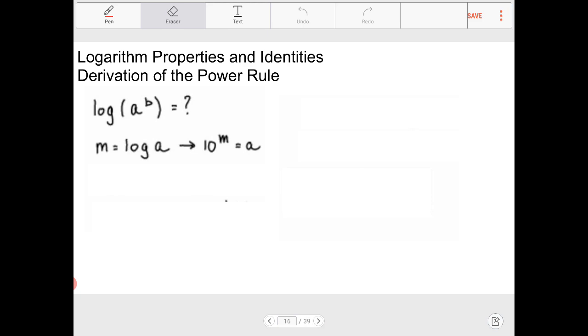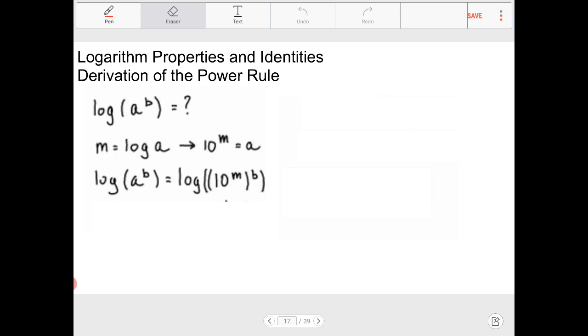I see here that I have a power of base A. So therefore, I want to call m equal to log of A. And by doing so, I can convert this to exponential form and write 10 to the m is equal to A. I can then re-express what I started off with in terms of m.